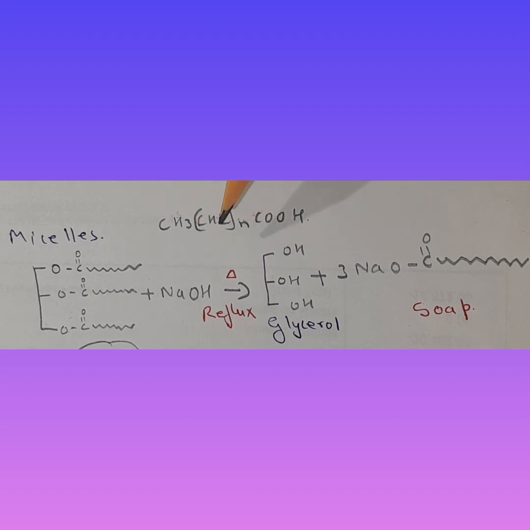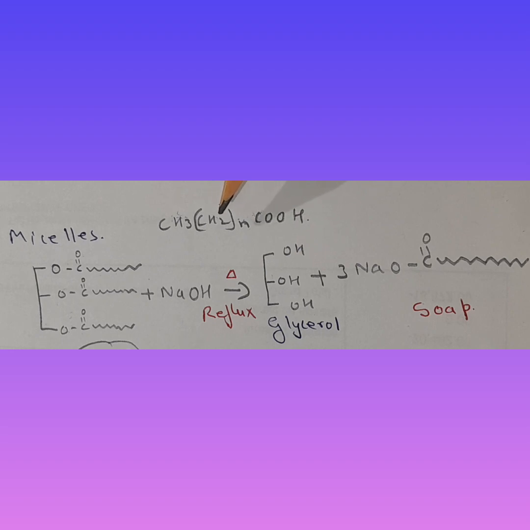Whenever the fatty acids have unsaturation, we call it an unsaturated fatty acid. For example, stearic acid, where n is 16 plus 2, is a fatty acid with altogether 18 carbons in the molecule.